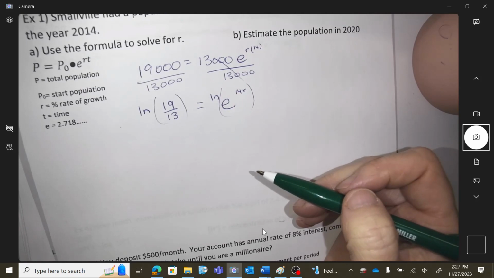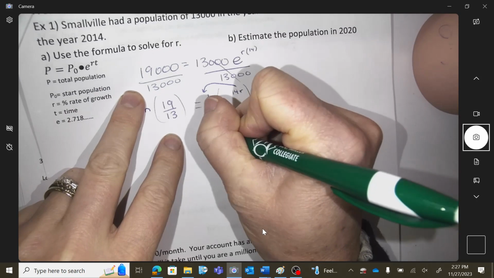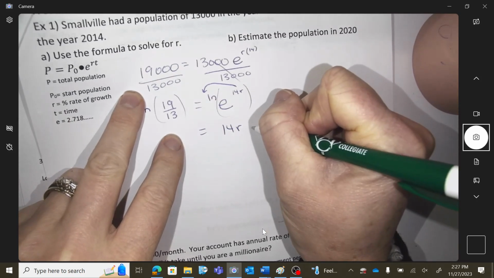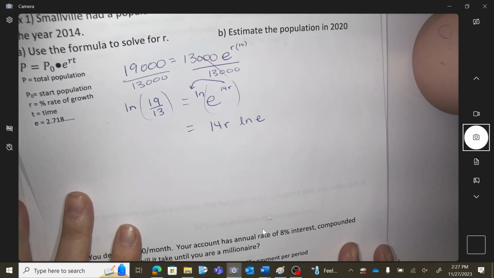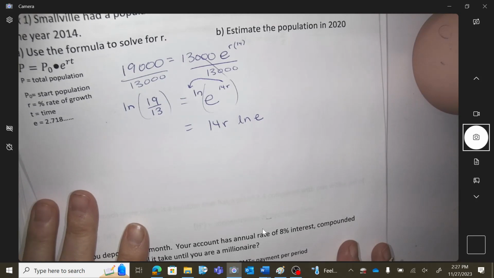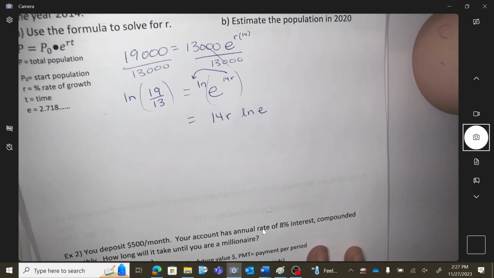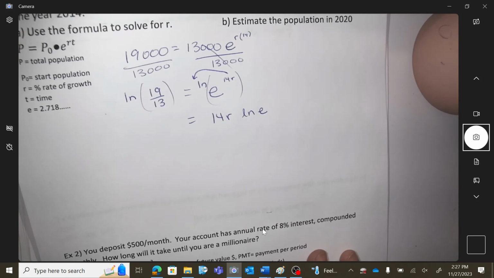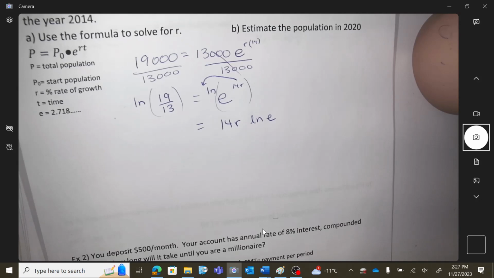So what are the log rules? On this side, the exponent can become a coefficient. Okay, that's helpful because it's the only way to get the variable out of the exponent position, and then I can use algebra for it.